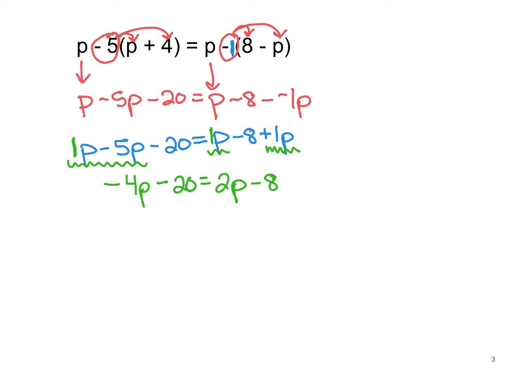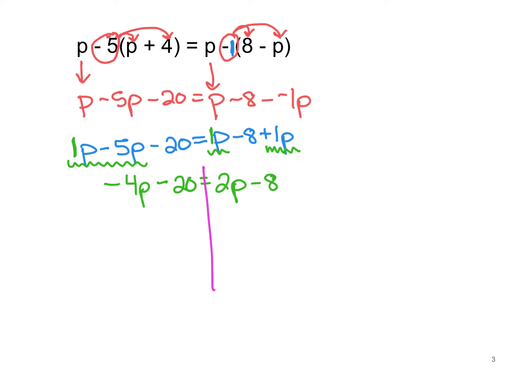So now, again, notice how I have stuff on both sides. Both sides are crowded. It doesn't matter who we go ahead and move or pull from. We want to combine like terms. So I'm going to, just for kicks and giggles this time, move this -4p over here.